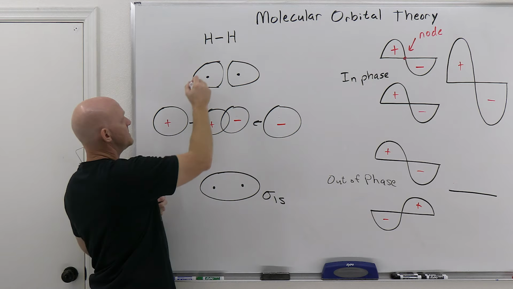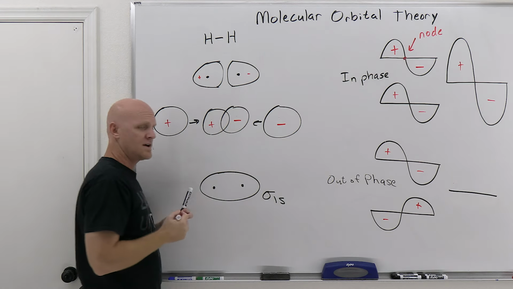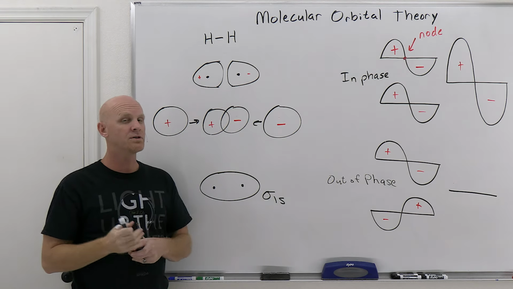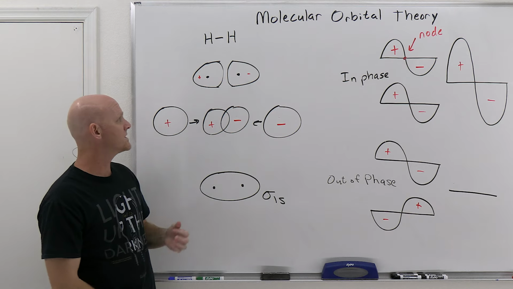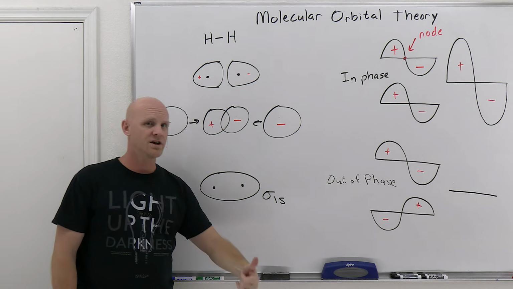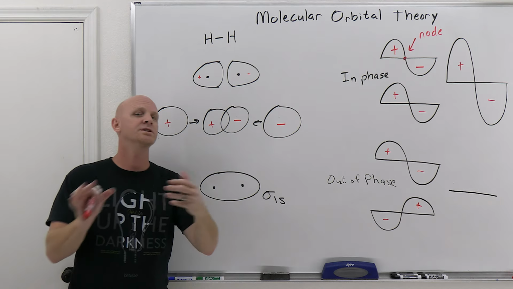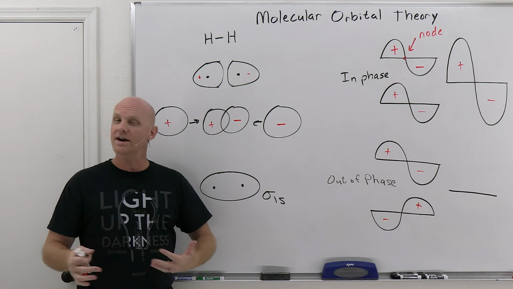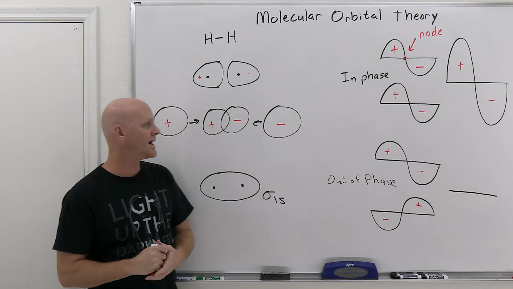And again, one side's going to be now positive, one side negative. Another convention we'll use, and we'll probably use it with p orbitals a little more, is that instead of writing in the plus and the minus, we'll shade one and not shade the other, or shade one color and shade the other a different color. I'll use that convention a little bit too, because that's something you're likely to encounter.